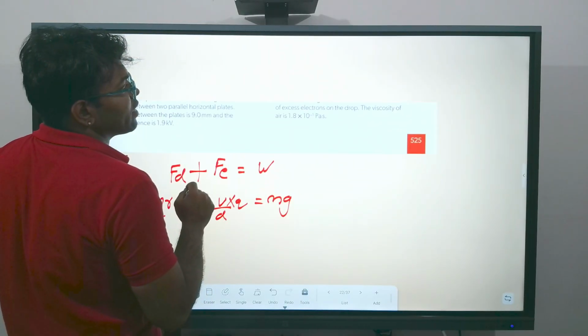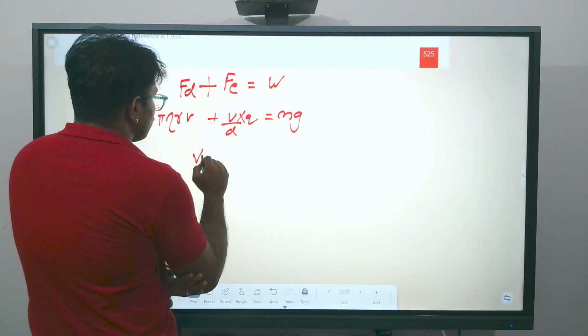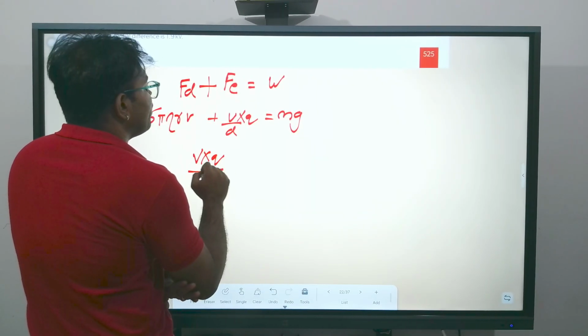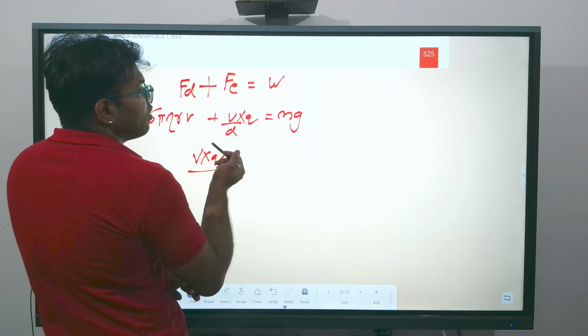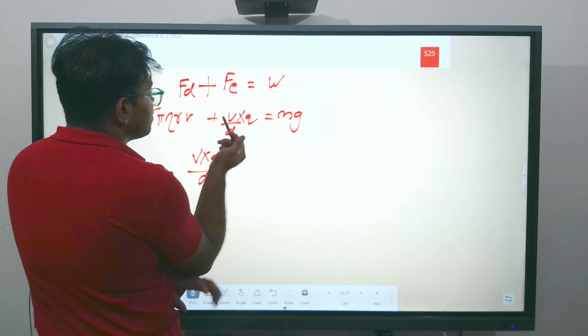We need to calculate the charge again, right? No, we have to find the excess electrons. No, we just subtract it again. They added some charge to it.